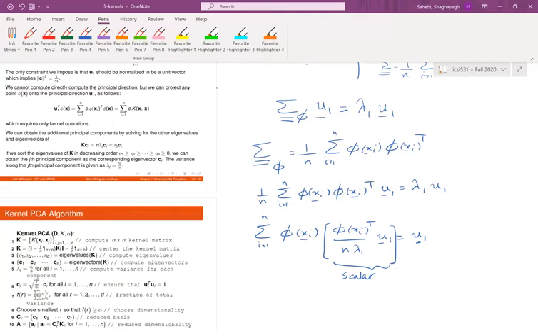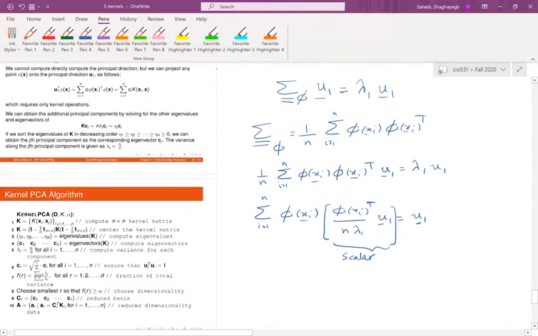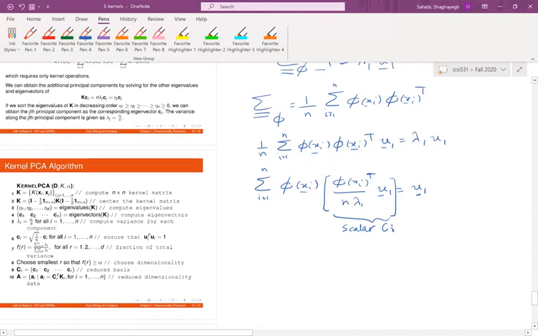So phi of xi transpose u1 gives a 1 by 1 scalar. And n and lambda 1 were already scalars, so this whole thing is a scalar. Let's call this scalar ci, because it relates to phi of xi. So what we are getting here is sum over i equals 1 to n, phi of xi, ci is equal to u1.